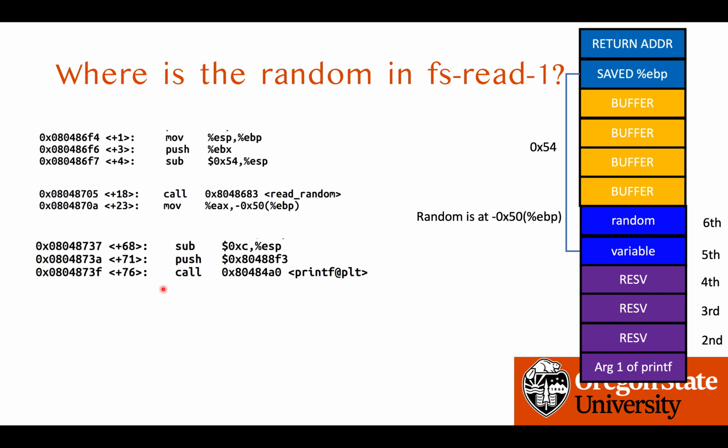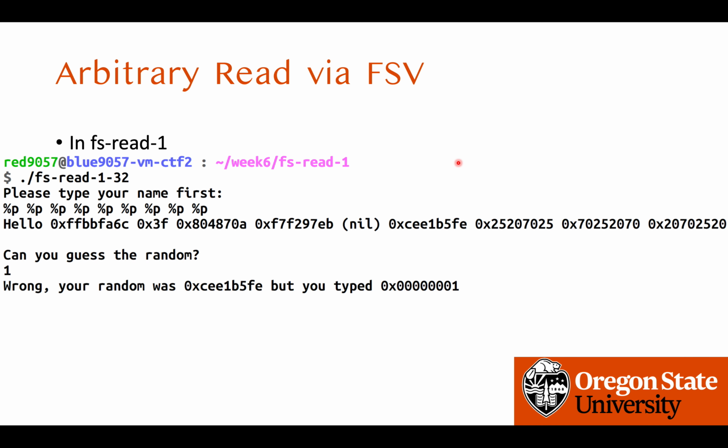Then let's go back to the stack diagram we had. In fs-read 1, we have the following stack configuration, and the printf arguments start here. There will be some random value here, and then our buffer is also in the stack. If you inject lots of %p's, you will see an interesting value here.